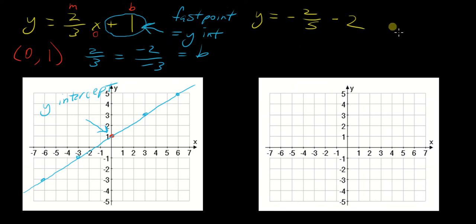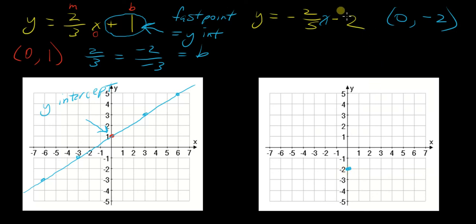So let's look at the next one here. What's my fast point? Oh, I forgot to put an x in there. Okay, if I make x 0, what is y equal to? Well, the only thing left is this number. This term went to 0. That means y is equal to -2. If I graph this point, I go 0 x's and -2 y's. There is my y-intercept right there.